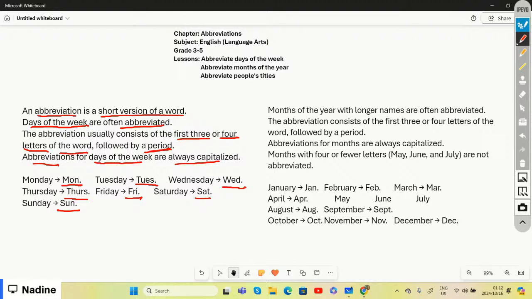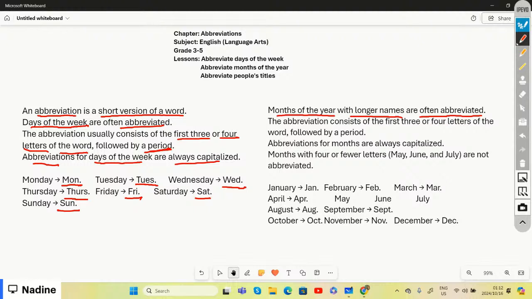So now we also have the months of the year. And the months of the year, with longer names, are often abbreviated. Remember, we said earlier on that months of the year with either four letters or three letters, we do not abbreviate.